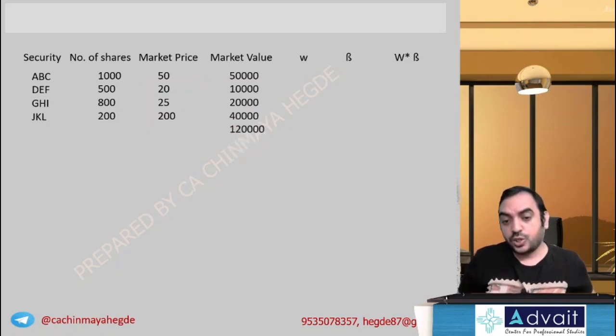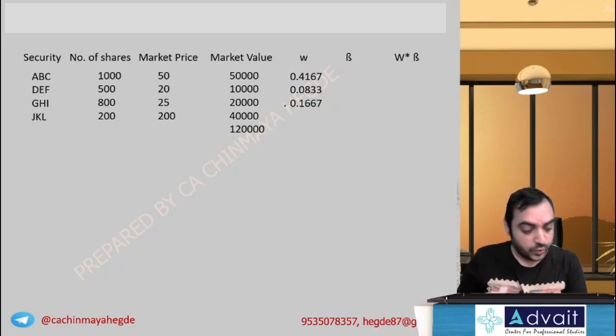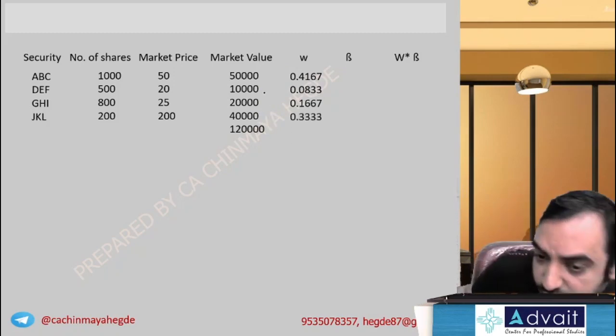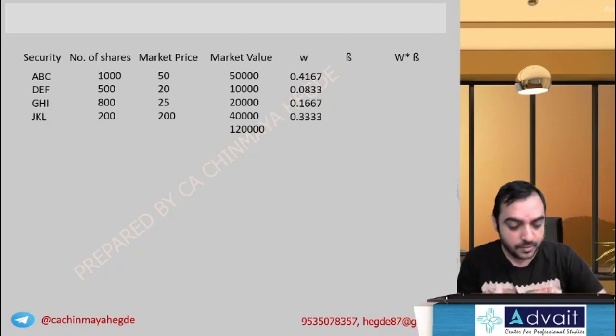Total 12 lakh. Then 5 lakh by 12 lakh is 0.4167, 10,000 by 12 lakh is 0.0833, 20,000 by 12 lakh is 0.1667, 40,000 by 12 lakh is 0.0333. Please write down till there.